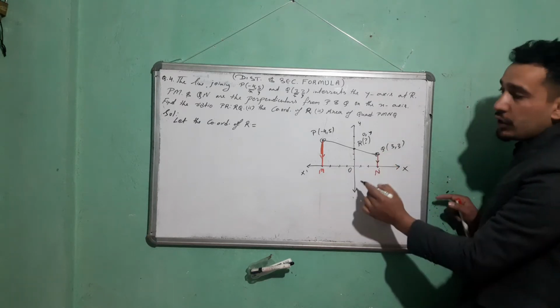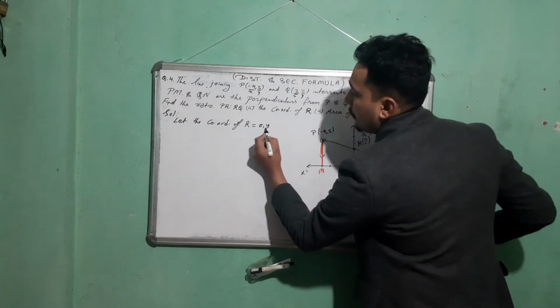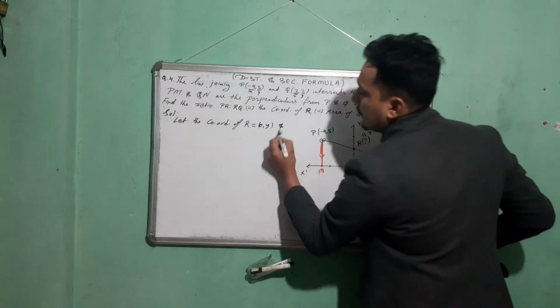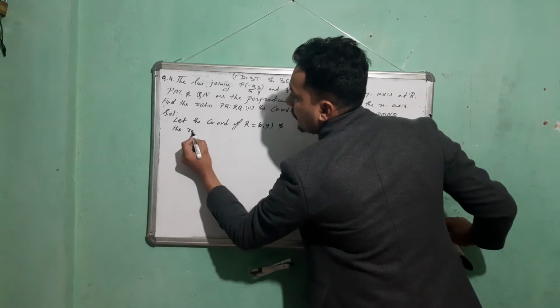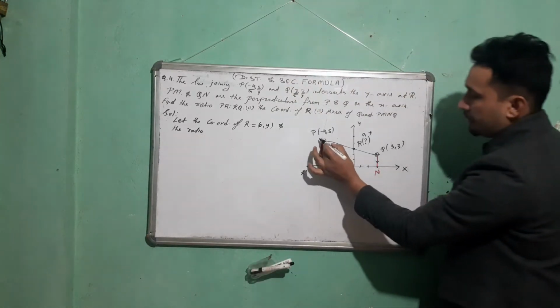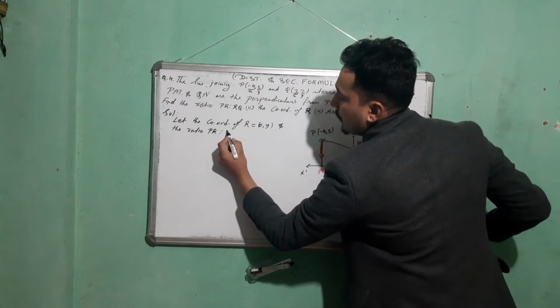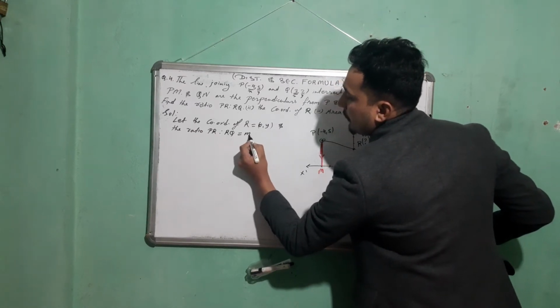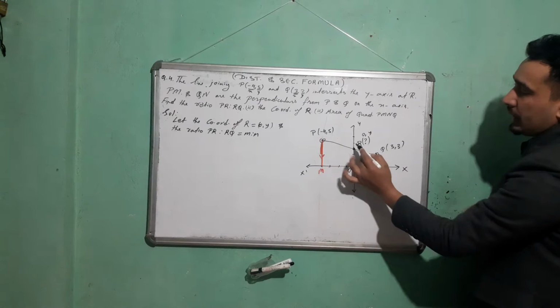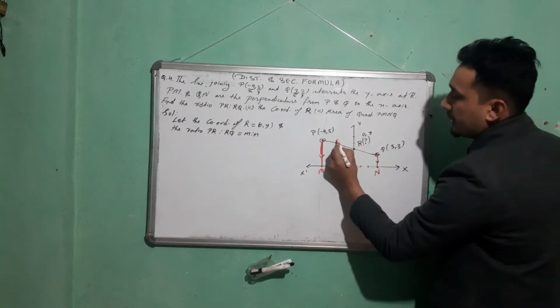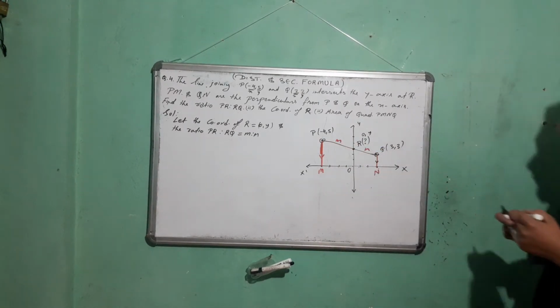So (0, y). And the ratio PR is to RQ is equal to m is to n. Let PR be m, here to here is m, and this side is n.